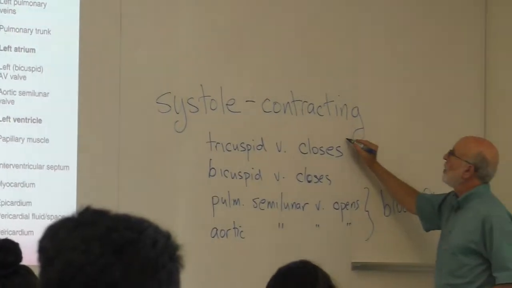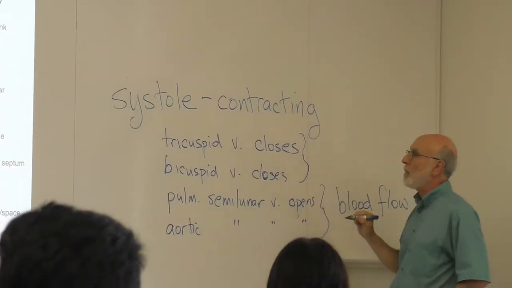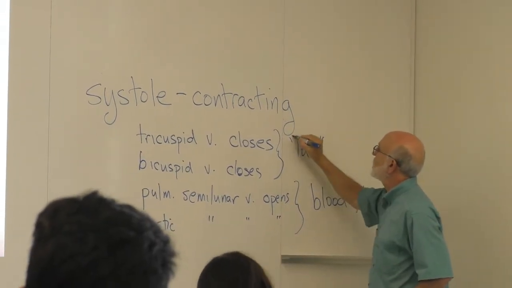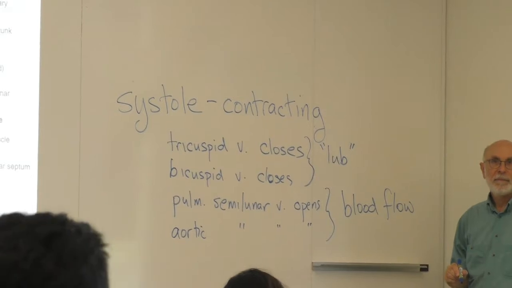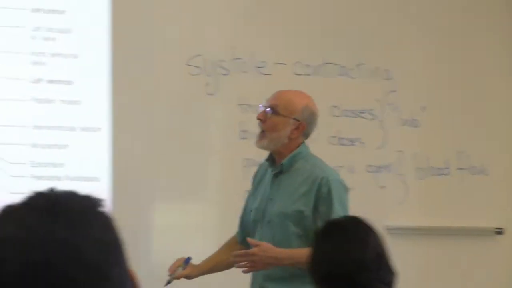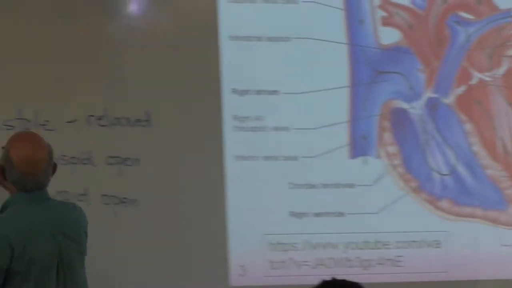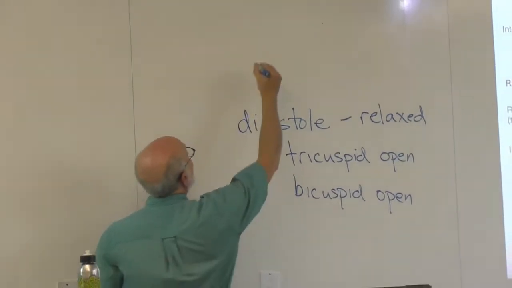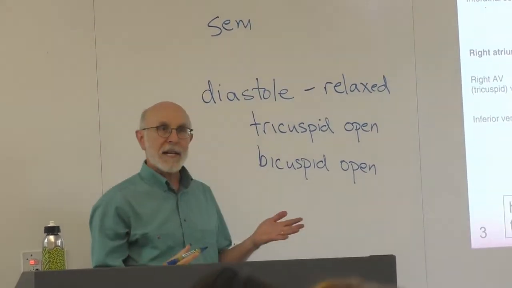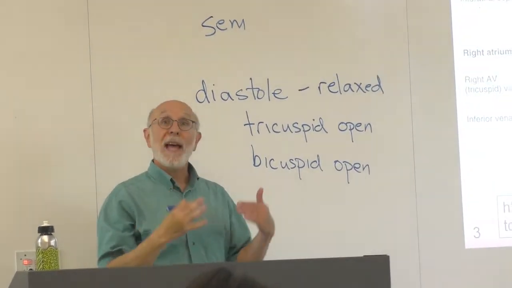The closure of the tricuspid and bicuspid valve is the first heart sound. And then when we go back to diastole, so I'm circling back here, at the end of systole, the heart starts to relax again.